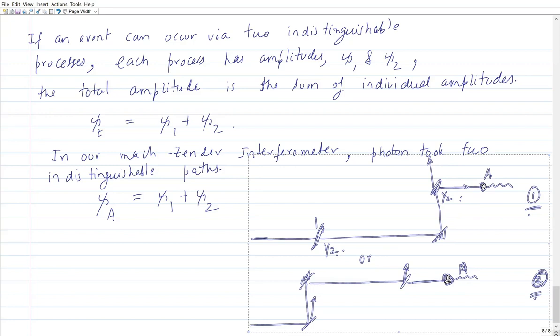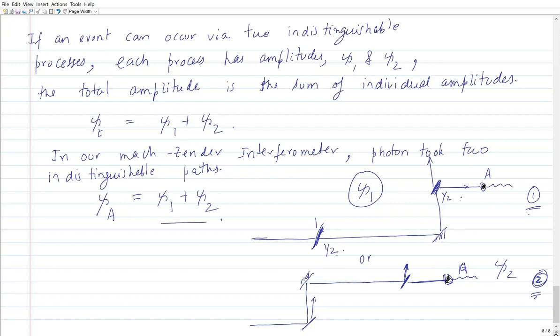So essentially, I associate a probability amplitude psi 1 with one path and psi 2 with the other. And since the detection at A could either happen through this path or through going through the upper arm of the interferometer, I add psi 1 and psi 2.